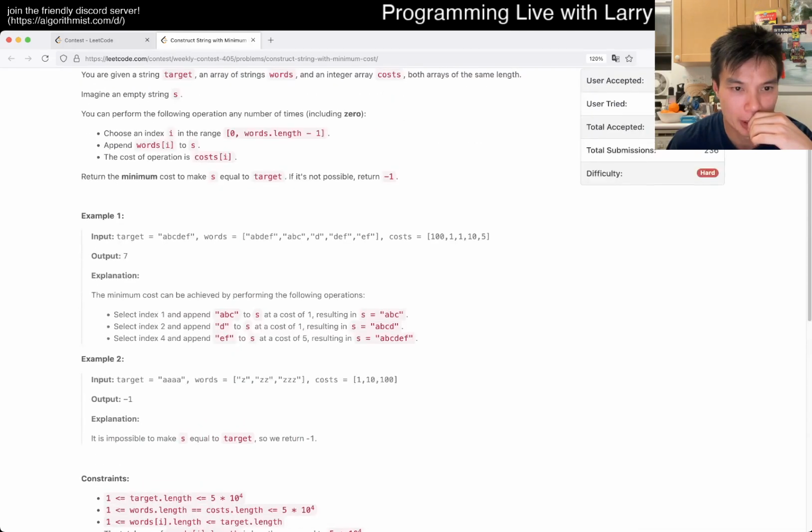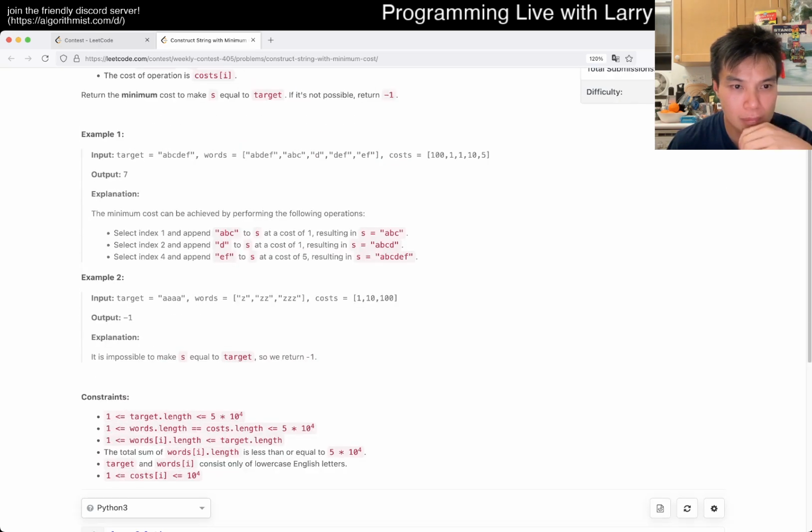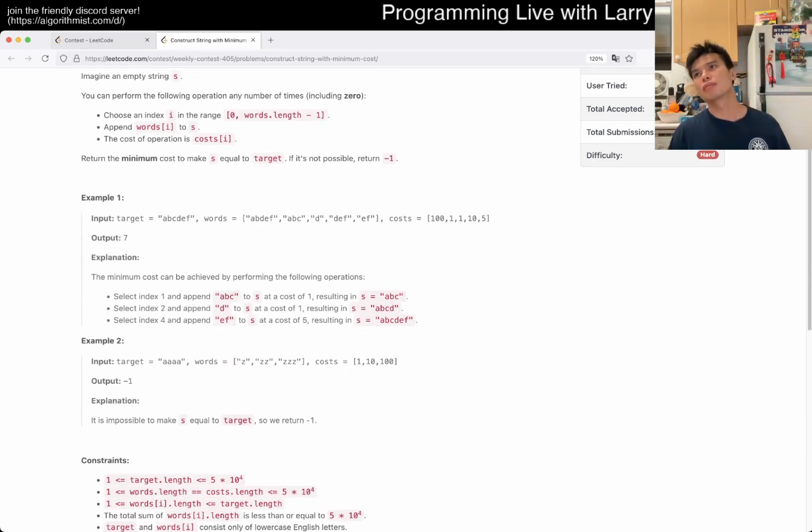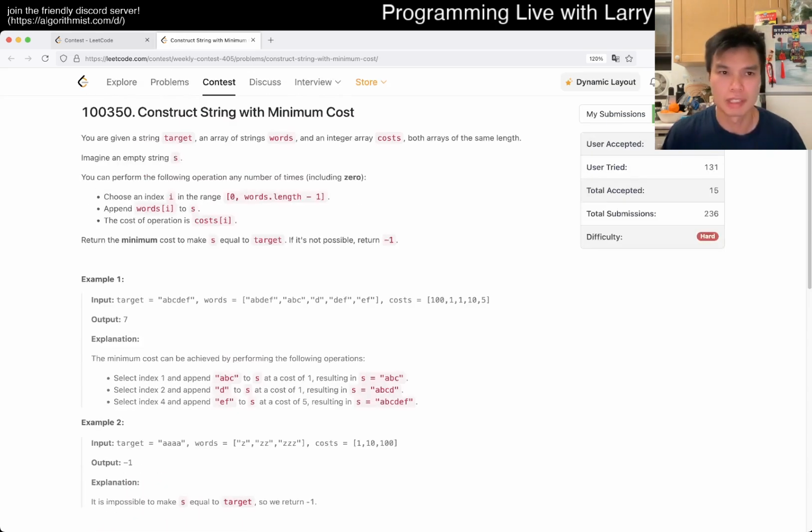I'm trying to figure it out. How are people getting it?